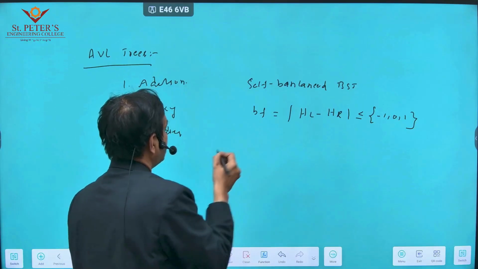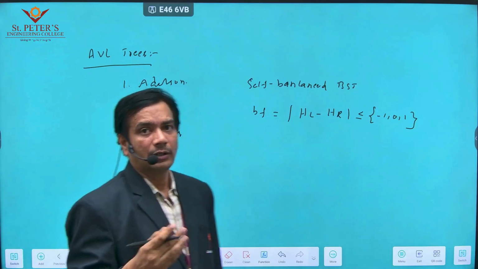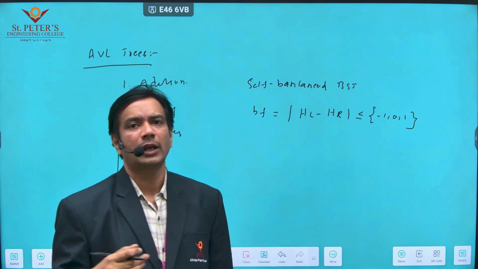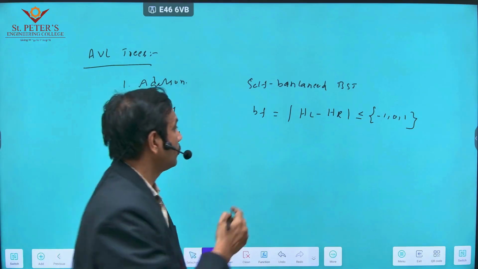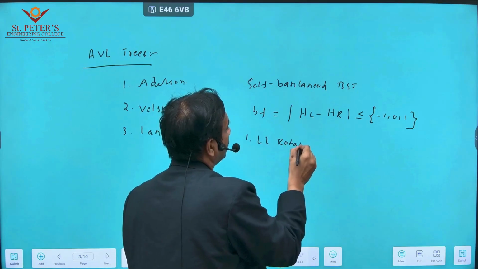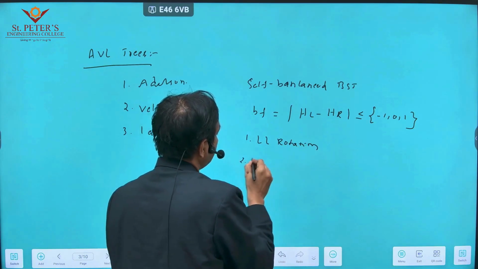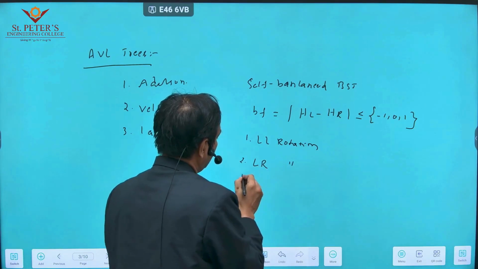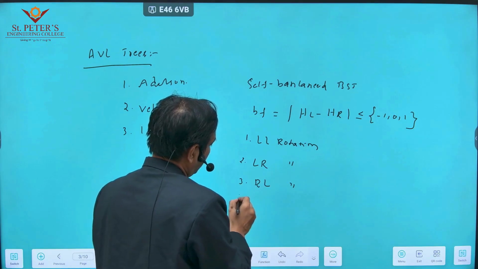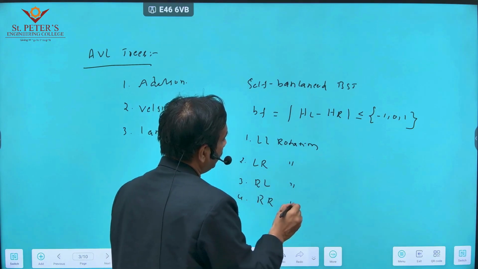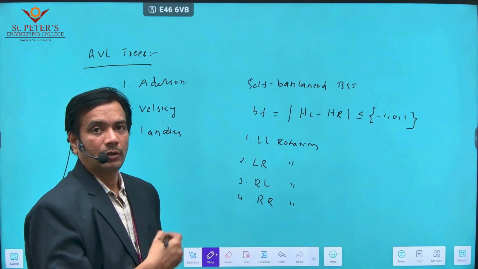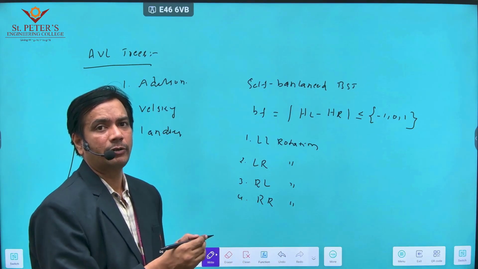Whenever the binary search tree is unbalanced, we perform rotations. There are mainly 4 types of rotations: LL rotation, the second one is RR rotation, the third one is LR rotation, and the last one is RL rotation. These are the 4 rotations that can be used to convert an unbalanced tree to a balanced one.